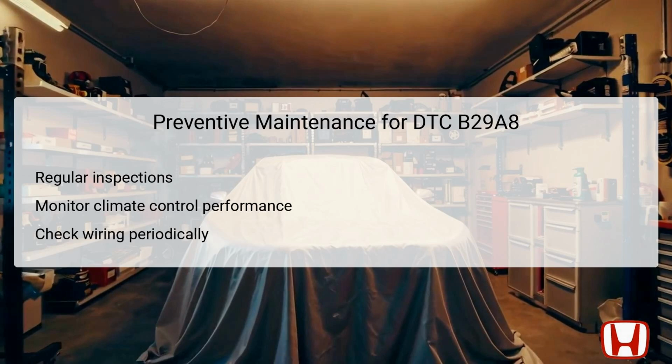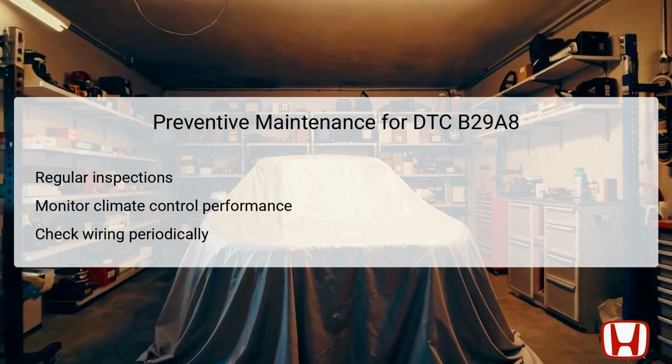Preventive maintenance is vital in avoiding future occurrences of DTC B29A8. Regular inspections of the climate control unit and rear mode control motor can catch potential issues before they escalate. Monitoring climate control performance during routine vehicle checkups ensures that any anomalies can be addressed early on.